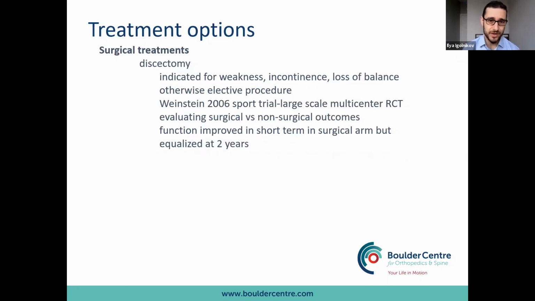Discectomy is the standard of care for patients who have a disc injury in their spine. Discectomy means cut out. So the surgeon will cut out the part of the disc that's outside of the nucleus pulposus, that's the normal area of the disc. And a lot of times patients' understanding of this is that it fixes the problem.